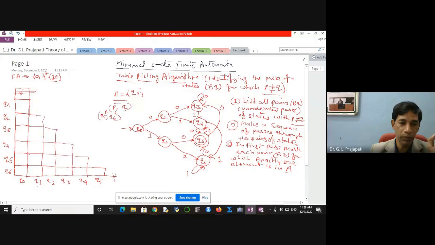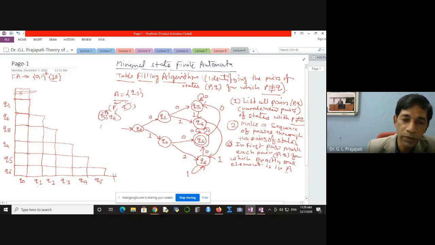So in the first pass, you have to mark each pair for which exactly one element is in the final state. If you have more than one final state, then it may be possible that you have P and Q and both are final states for some automaton, then you cannot mark. So you mark the pair for which exactly one element is in the final state.